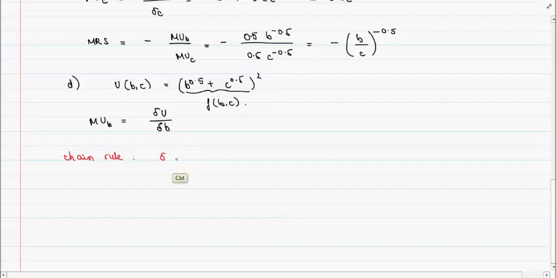You want to differentiate u with respect to b, and we know that u is basically a function f squared. So we want to differentiate u with respect to f, and then we multiply by the differential of f with respect to b.